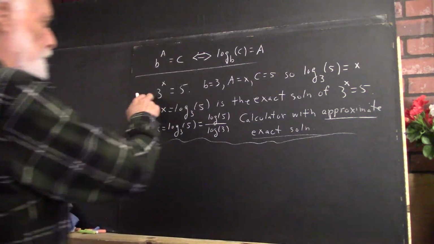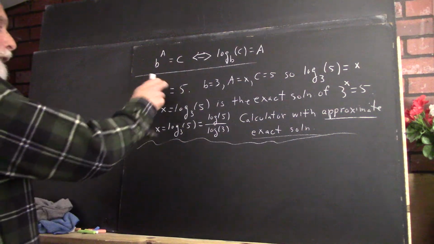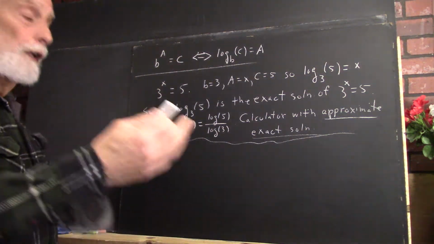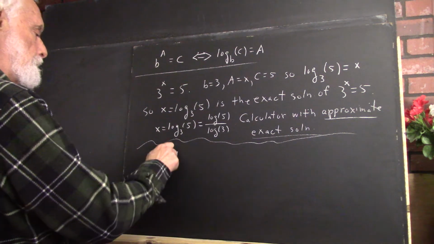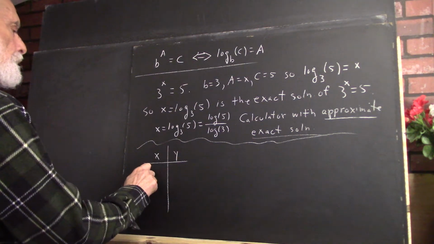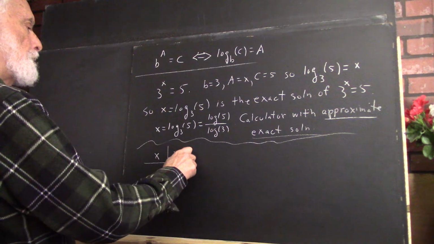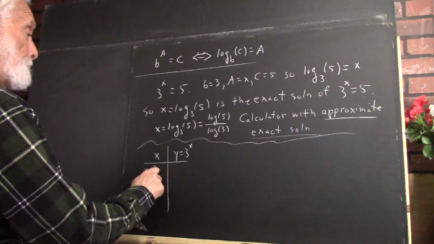I want to relate this to basic functions. Now 3 to the x isn't one of your basic functions, 2 to the x is. But we can easily make a table for y equals 3 to the x.